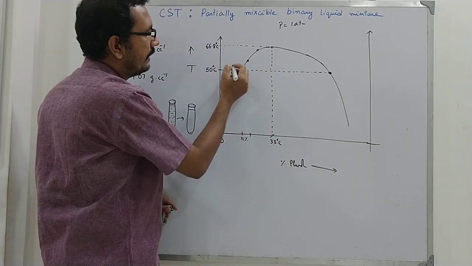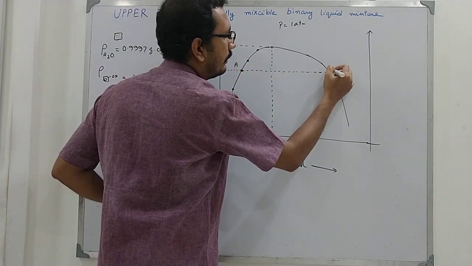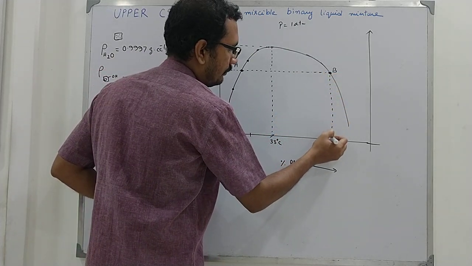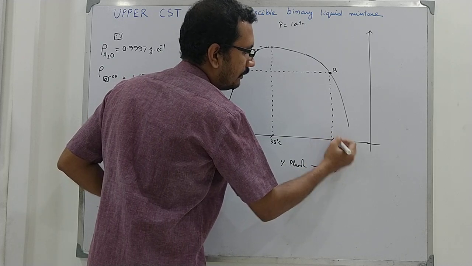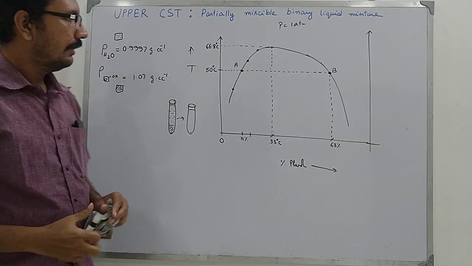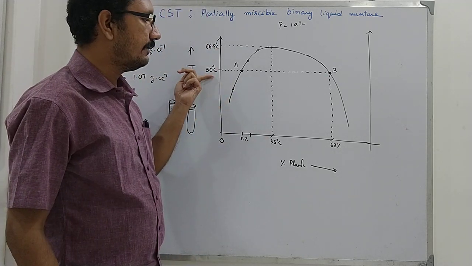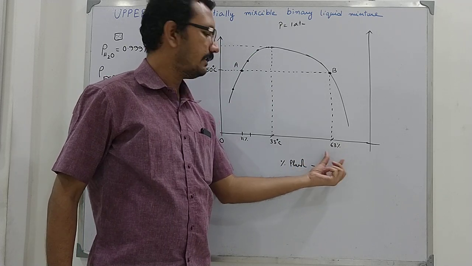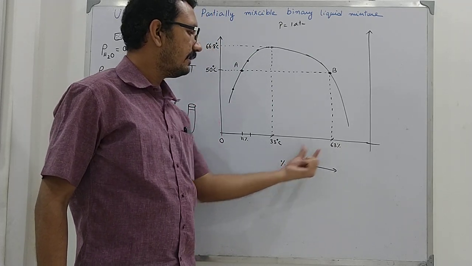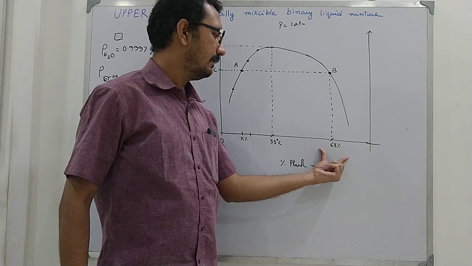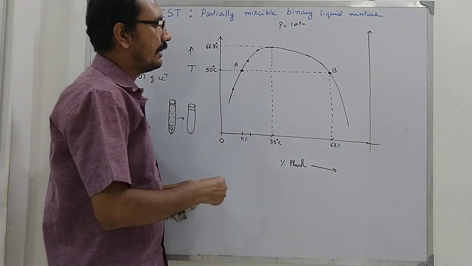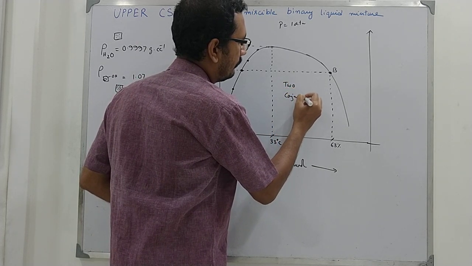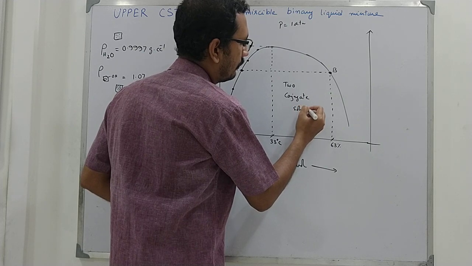So we will discuss with two points, say this is A, this is B. Now this corresponds to a composition of 63%. Now at 50 degrees centigrade, if the percentage of phenol is lesser than 63%, then it will be two conjugate solutions.